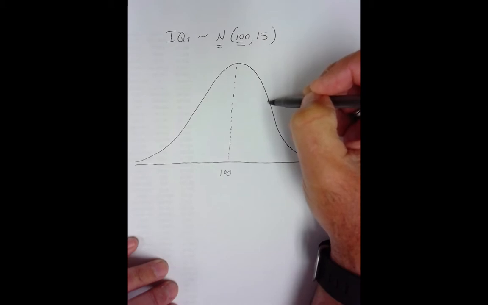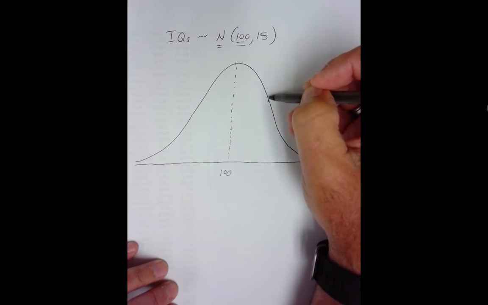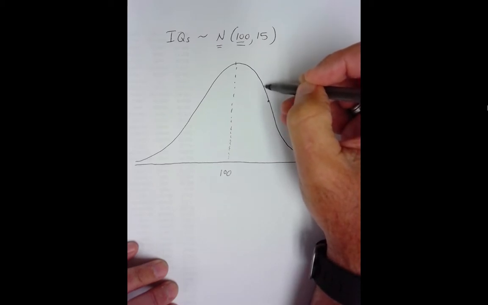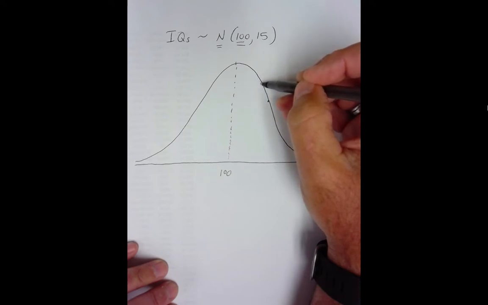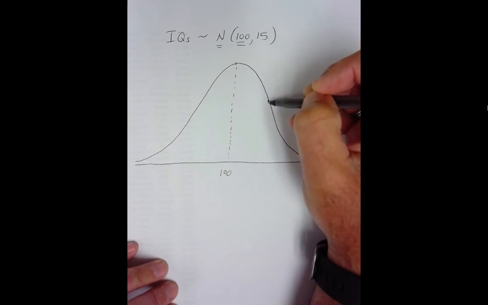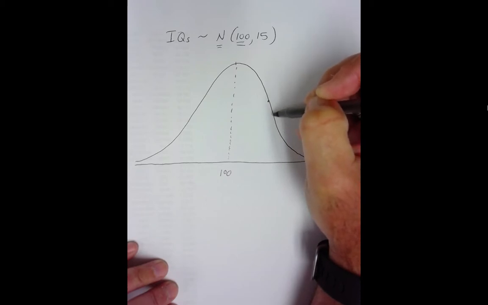There's a point right there we call an inflection point, where the concavity changes, and it has something to do with the second derivative. If you've taken calculus, you know what I'm talking about. I'm not going to get into it because I know most of you haven't. But anyway, if you draw this normal distribution correctly, you'll see that there's a place right through here where you almost have a straight line.